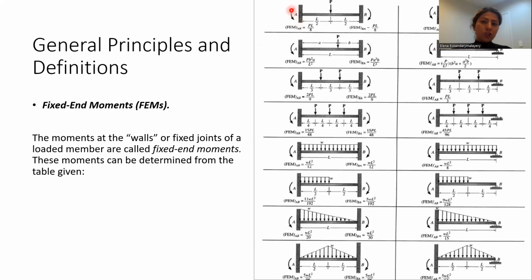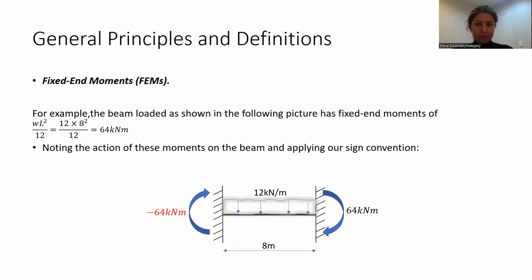So you change the direction to clockwise and use minus PL over 8, similar to this one. If it is anti-clockwise, you change it to clockwise and consider the value as negative.